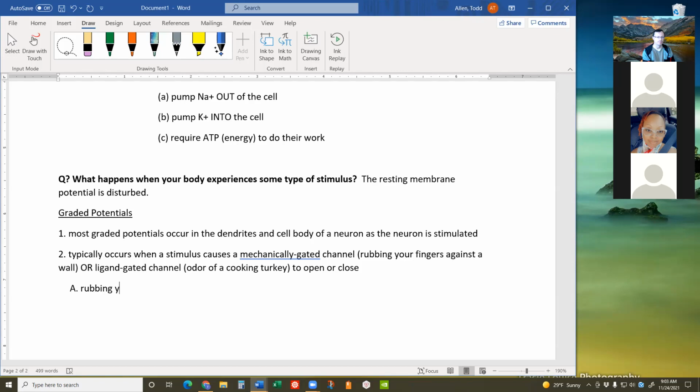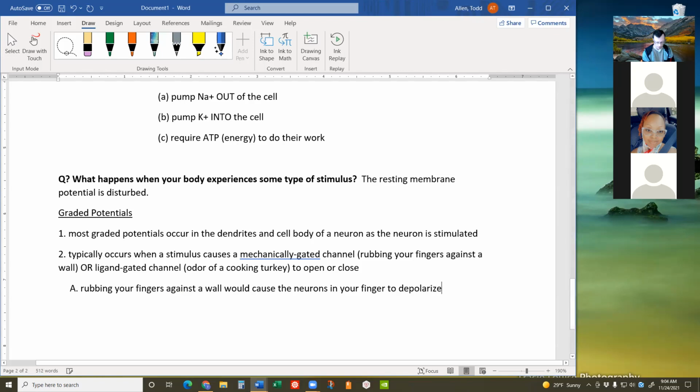Rubbing your fingers against a wall would cause the neurons in your fingers to depolarize. This means that the inside surface of the plasma membrane becomes more positively charged.